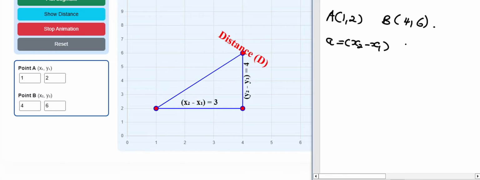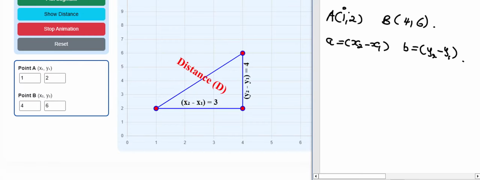Then B is y2 minus y1. But you see, we already have all these values. So this is x1, this is y1, this is x2, and this is y2.